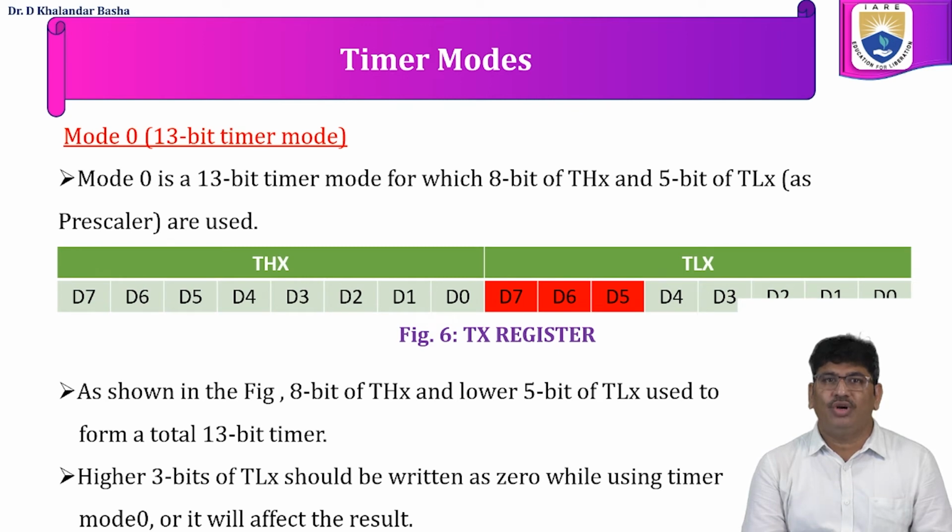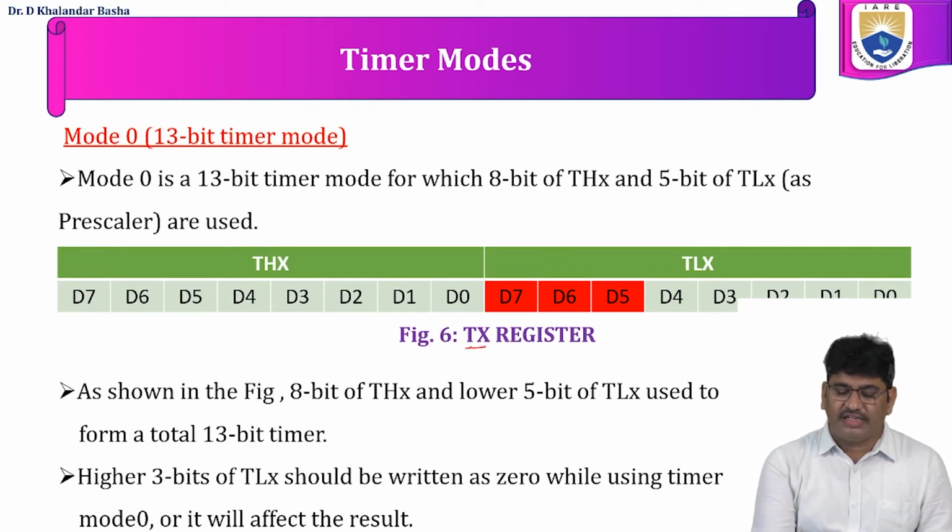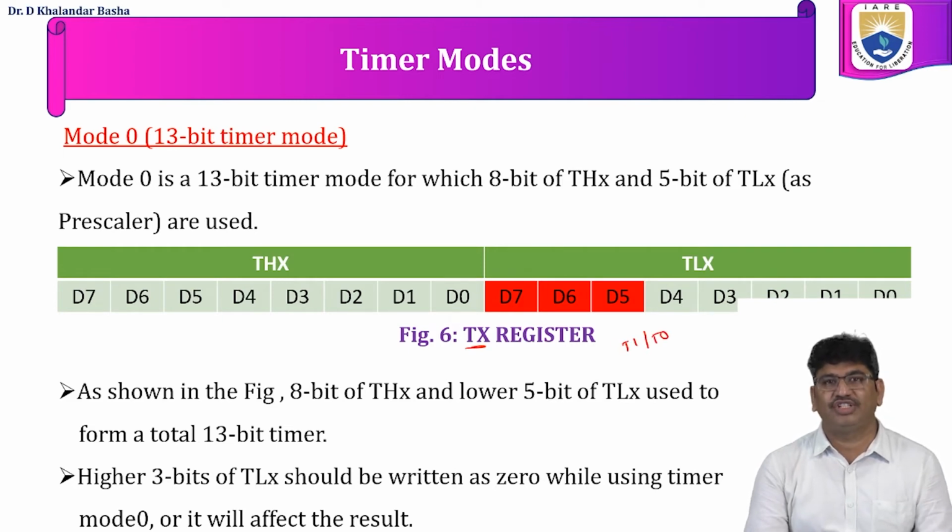Next, mode 0, which is a 13-bit timer. Mode 0 is a 13-bit timer mode for which 8 bits of THX and 5 bits of TLX are used. The TLX bits we use as prescaler. As we know, the TX registers, either T1 or T0, are 16-bit size.